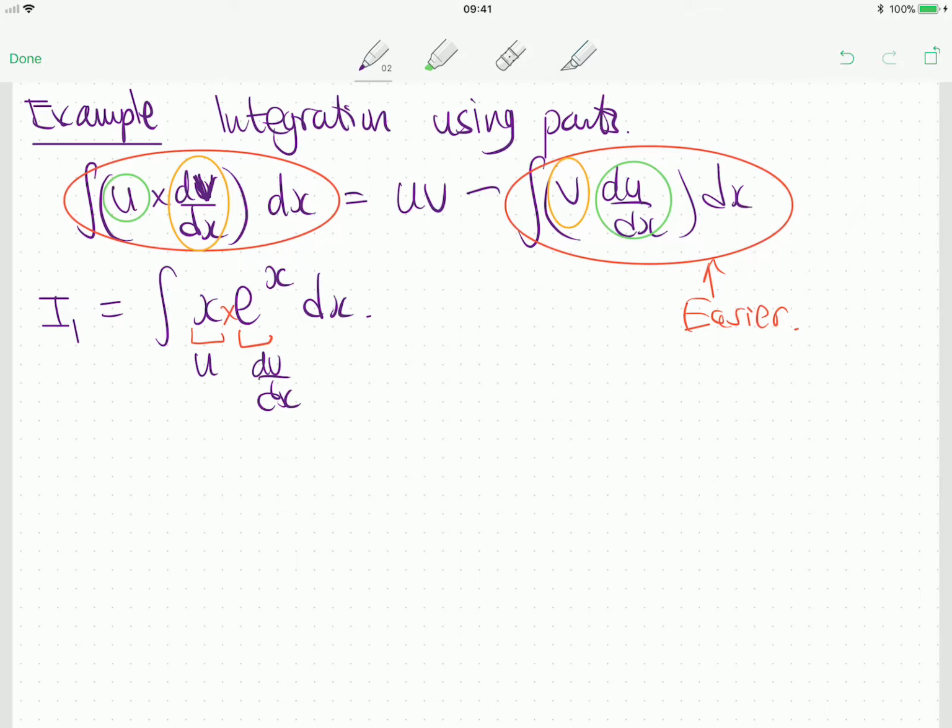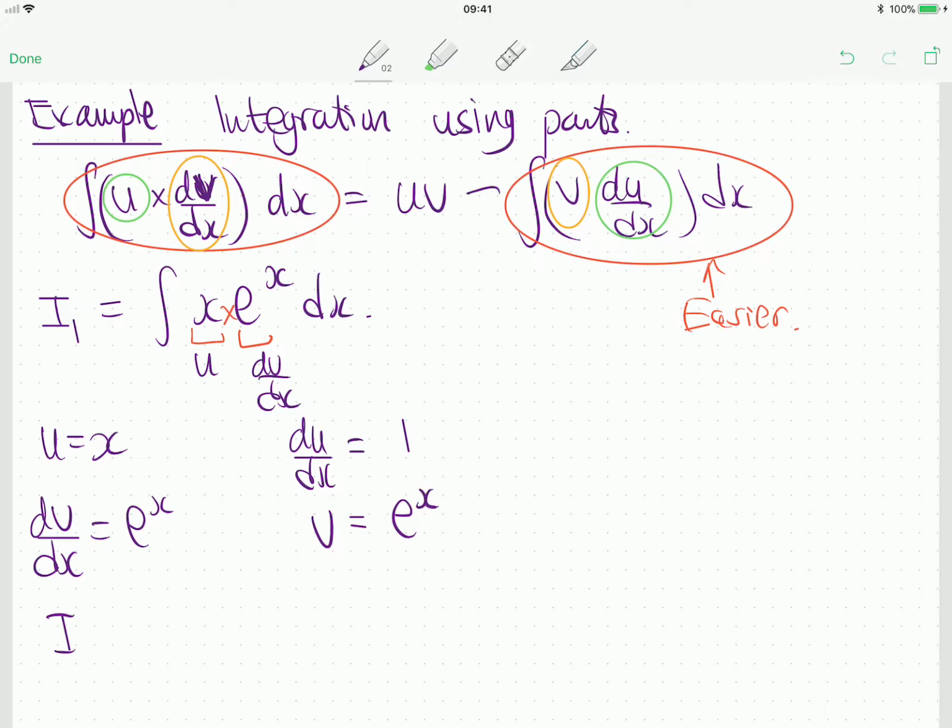So let's label it this way: u is x, and dv dx equals e to the x. We should label these as clearly as possible, so we pick all the marks up, and more importantly, we don't make mistakes. Then du dx is just 1, and integrating e to the x gives v, which is just e to the x.